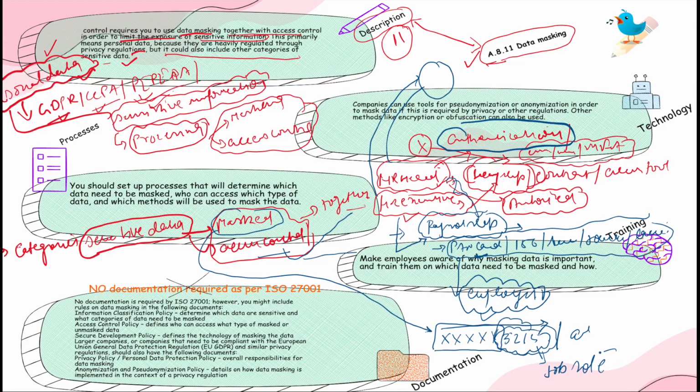This is very important to save critical and sensitive information from being disclosed to unauthorized people, whether the employees or people outside who are trying to access this information in an unauthorized way. Okay. So, this is masking and access control.